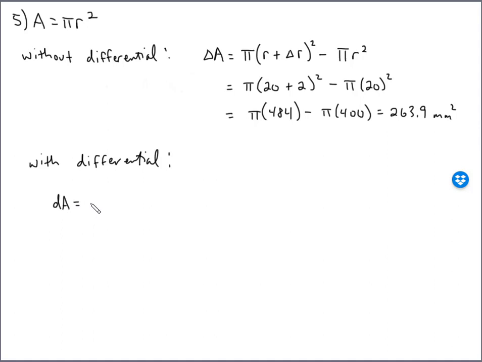To do that, we just use the derivative. We get 2 pi r, and this would actually be dA/dr, then you multiply by the dr. So dr is the same as delta r.